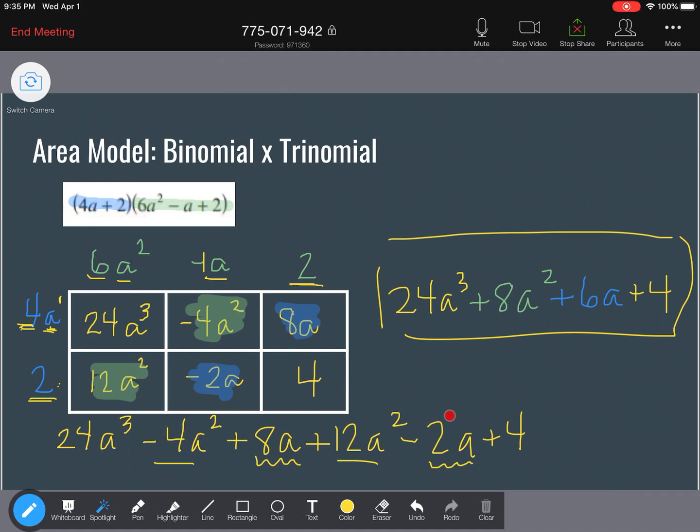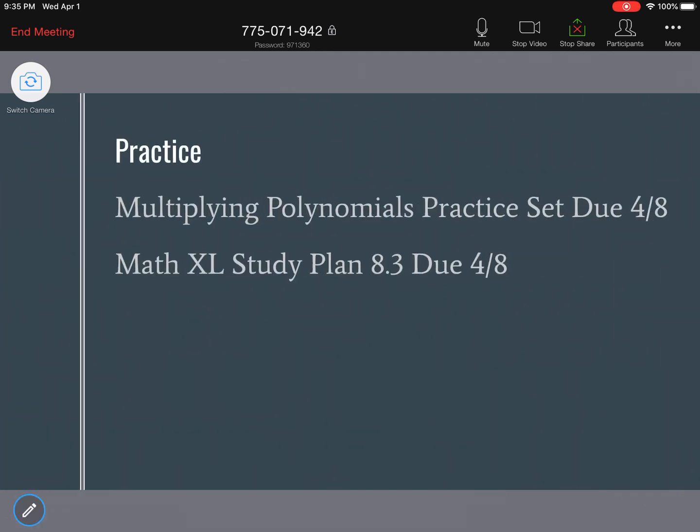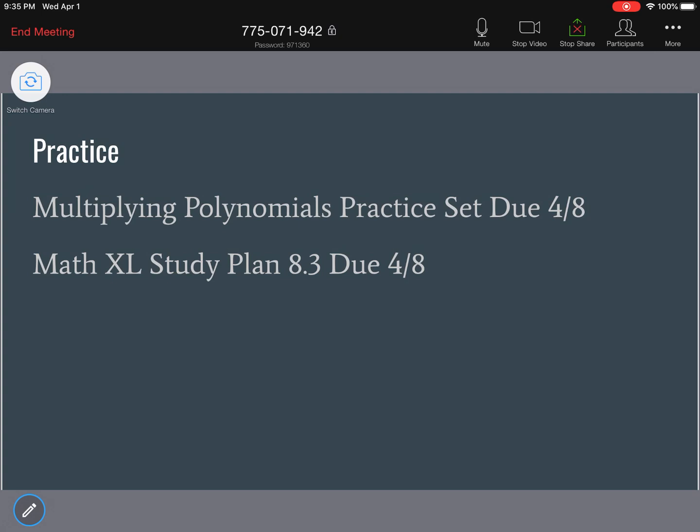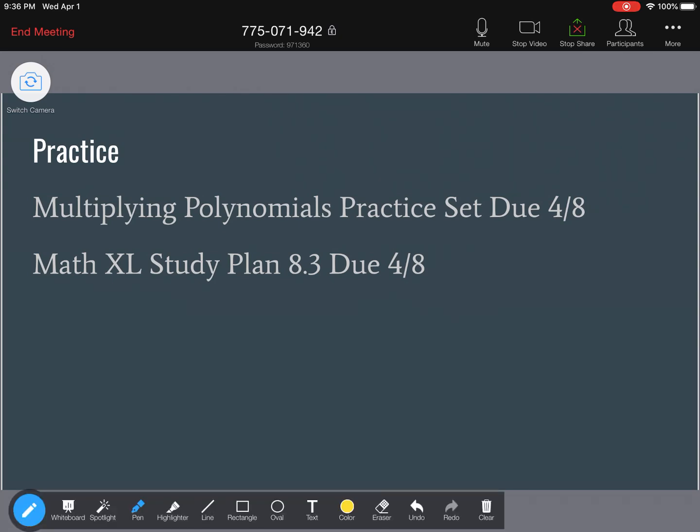Okay, at this point, we're going to go on to practice. So if you go onto Google Classroom, you'll find a practice set that goes through a little review. We'll have some monomials times binomials, and then there'll be some binomials and binomials, and then binomials and trinomials, and then there's one challenge problem on there that I think you all can handle. It's a trinomial times a trinomial.